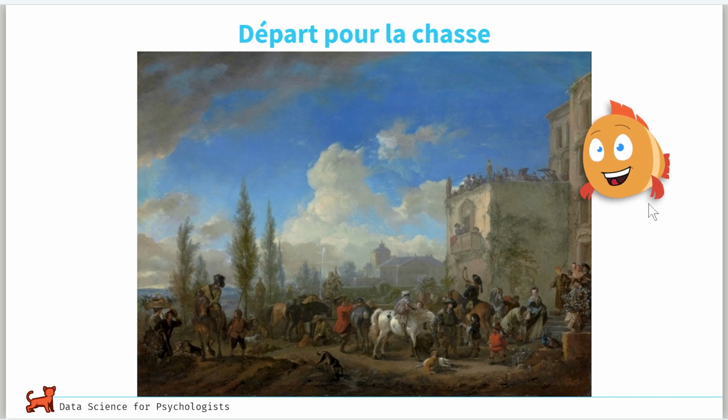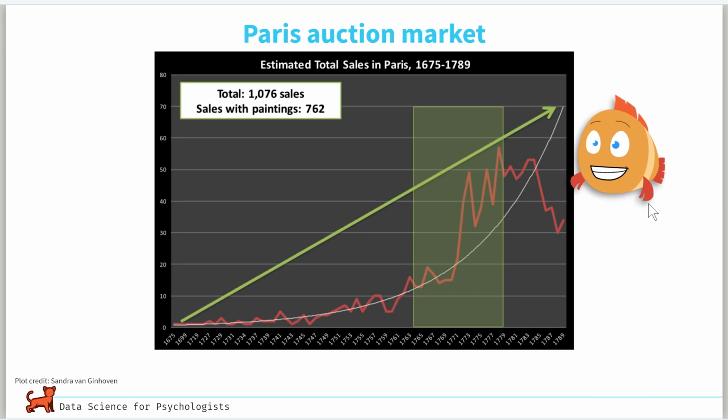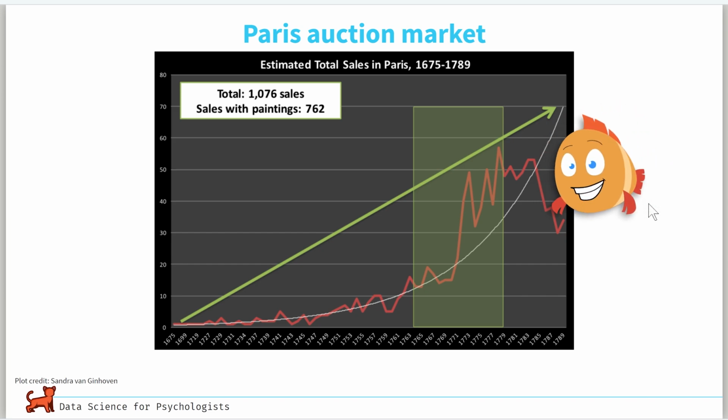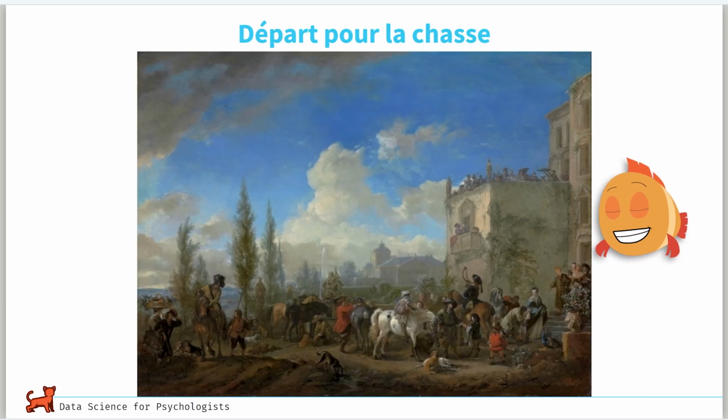I'm gonna edit this in later because I'm just terrible at pronouncing French. Just to give you a sense of this little time window, we're right at the beginnings of the French Revolution, and it was a rough time for the market.